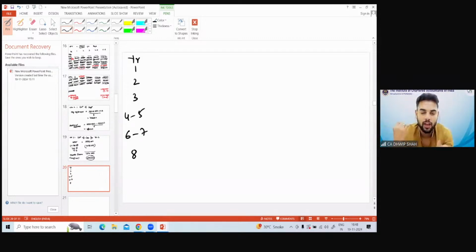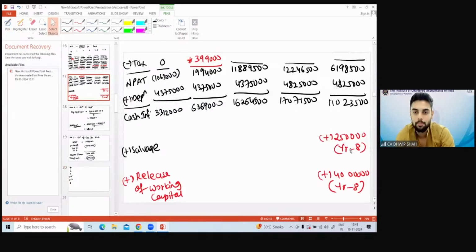Why? Because I have to add salvage and working capital release as well. Yes, span is 6 to 8 years, but working capital and salvage would only be recovered at the end of 8th year. They have given this span because the cash inflows are constant in those years.